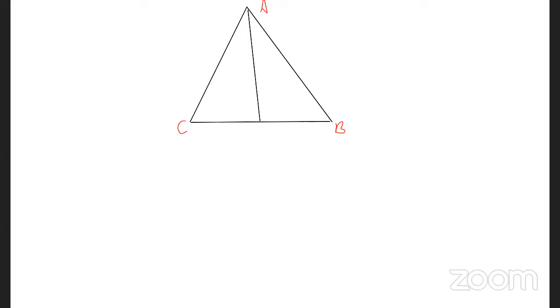Now, from B, I will draw a median on AC. And from C, I will draw a median on AB.